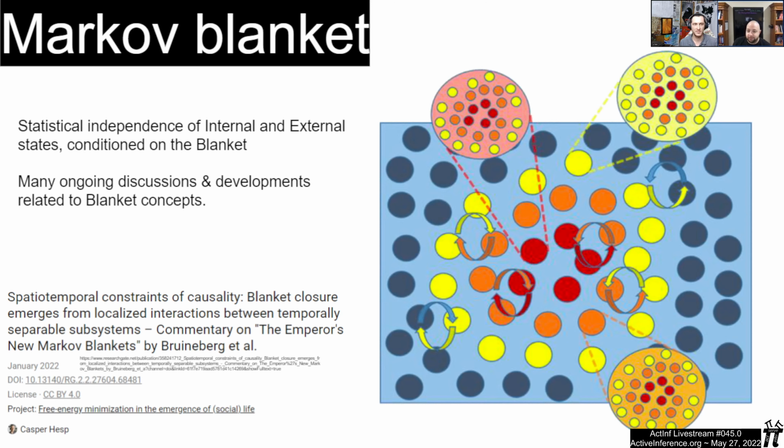But you also have these smaller scales inside the red, inside the yellow, inside the orange here. These are other scales of the same thing, in some sense either recursive or fractal, locally having this same kind of dynamic of two layers conditioned onto each other to keep an external and an internal state independent of each other.